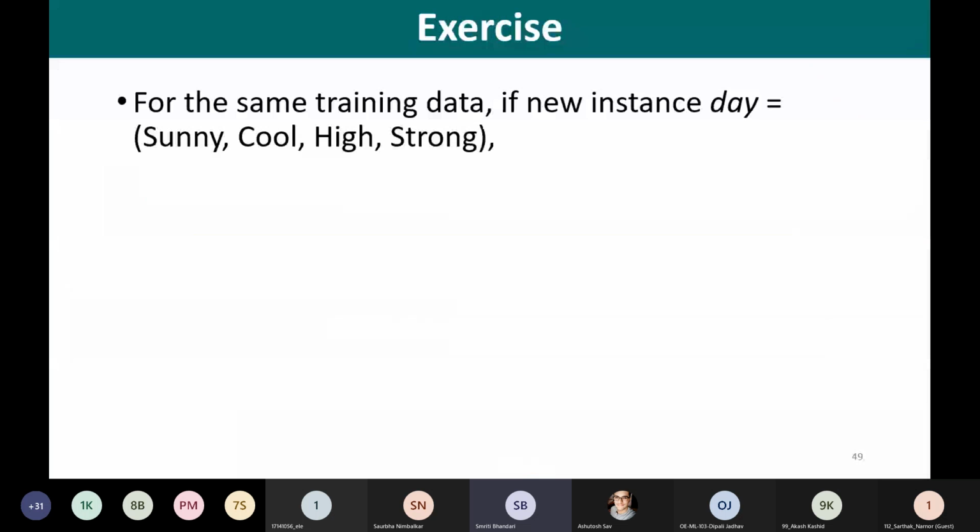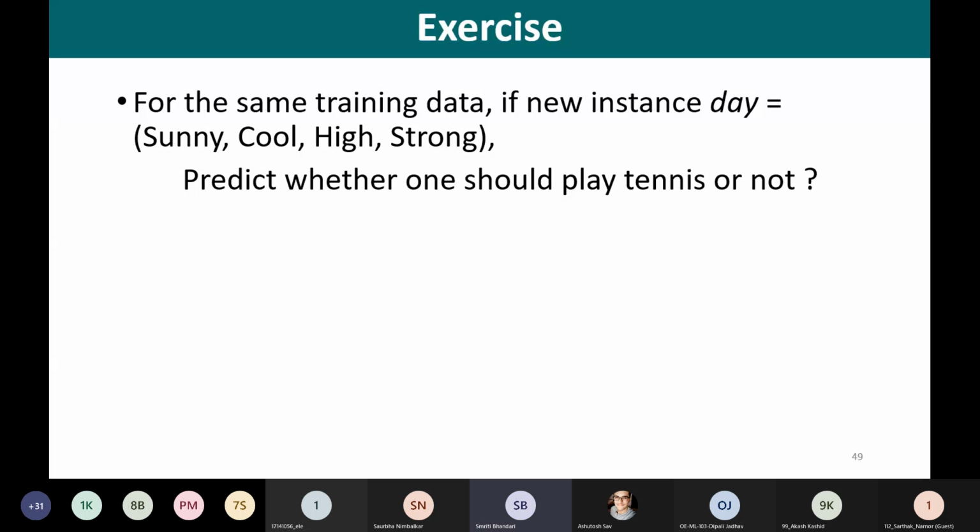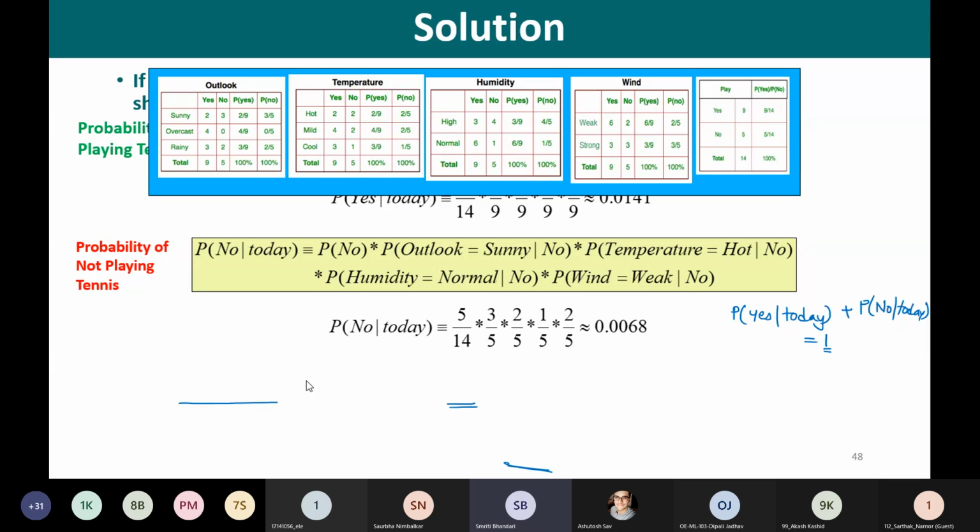The instance is sunny, cool, high, strong. So what is the probability of yes given day and what is the probability of no given day? Anybody who has computed it?